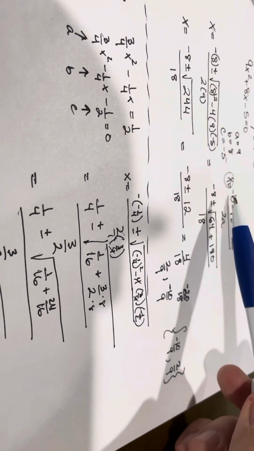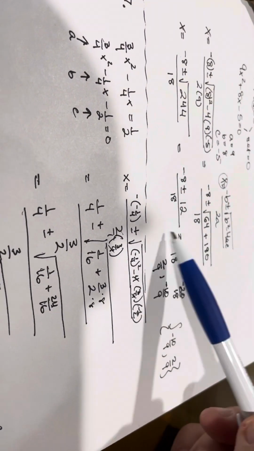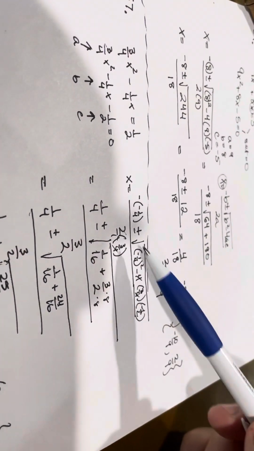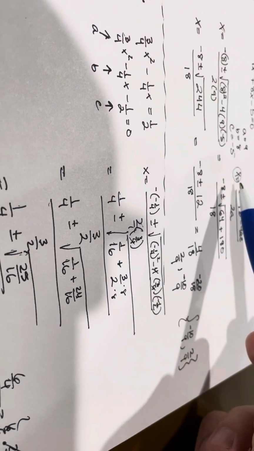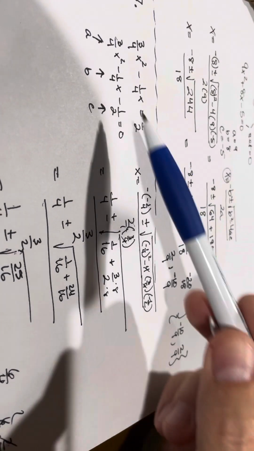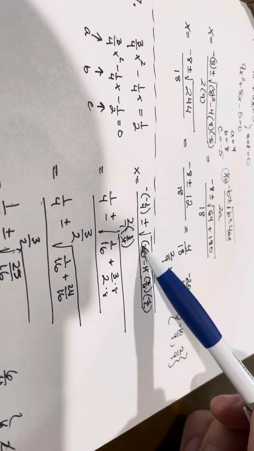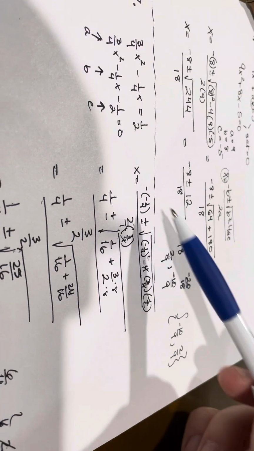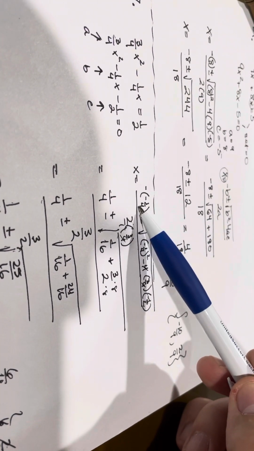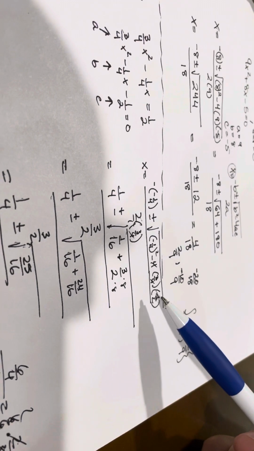Again, we're just looking at it like it's a template. Wherever the b is, that's where the value for b goes. The negative that's out there is part of the formula. This negative 1/4 is the value that gets put in, so you'll notice it gets put in parentheses. So I have negative 1/4, which makes the positive 1/4.